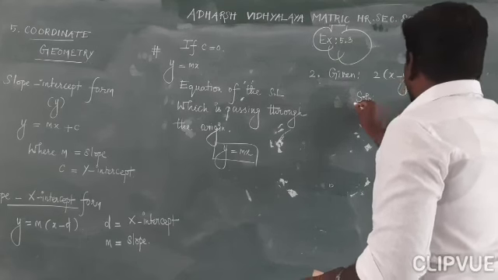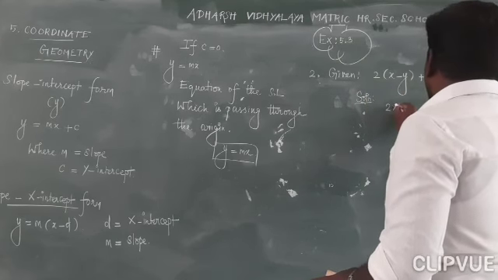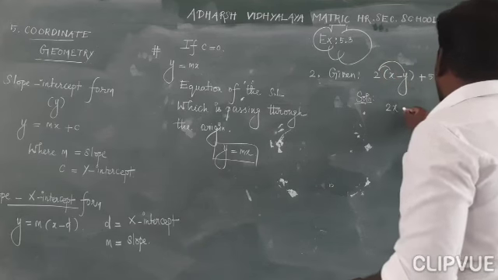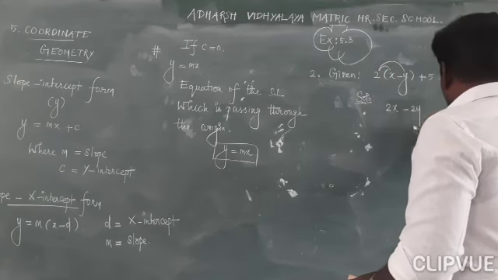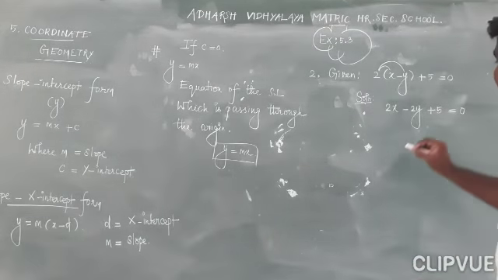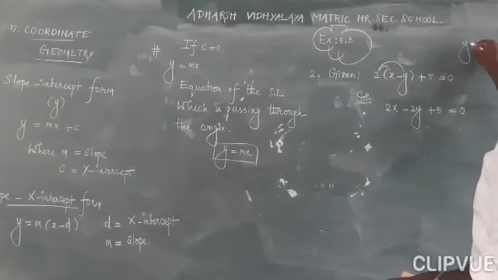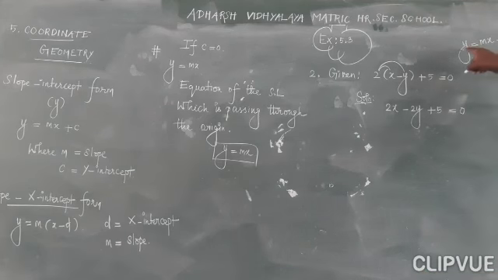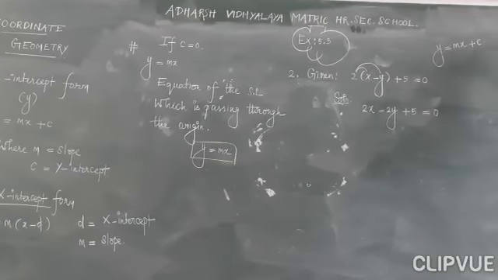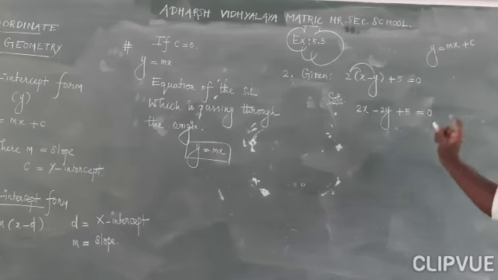Solution: 2 into x gives 2x, and 2 into minus y gives minus 2y, plus 5 is equal to 0. Rewrite it in the form of y is equal to mx plus c. Look at this, y is alone and the coefficient of y is 1, and the remaining terms must be taken to the right hand side.